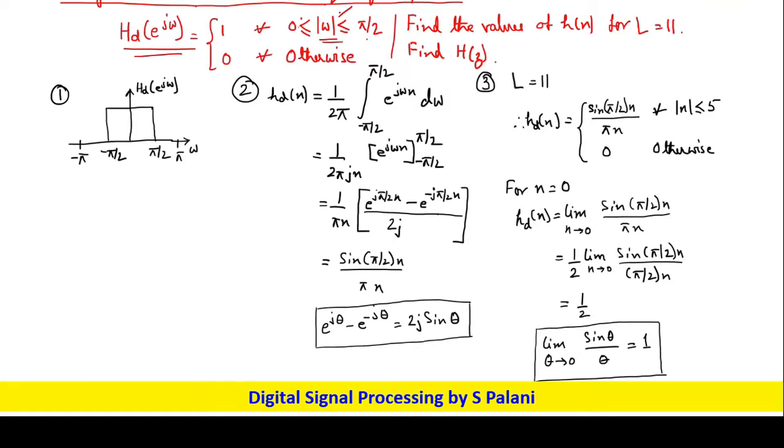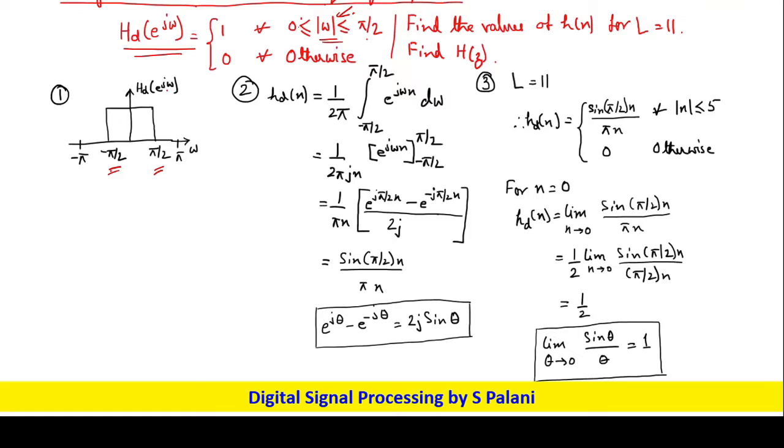This means Hd of omega has a passband in the region of minus pi by 2 to pi by 2, because we have modulus of omega, so both minus omega and plus omega will be covered.